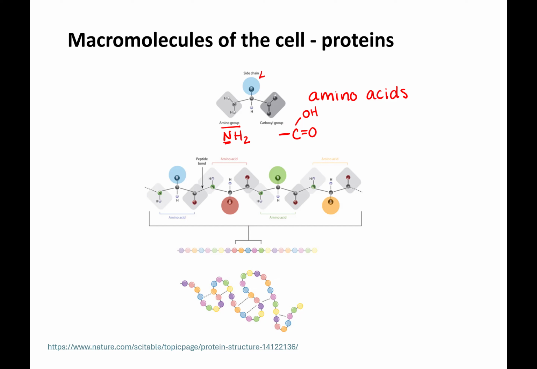Amino acids have unique R groups or side chains, and I'll show you those in just a second. Amino acids are connected by peptide bonds between the amino acids. So proteins are a long string of amino acids connected by peptide bonds.